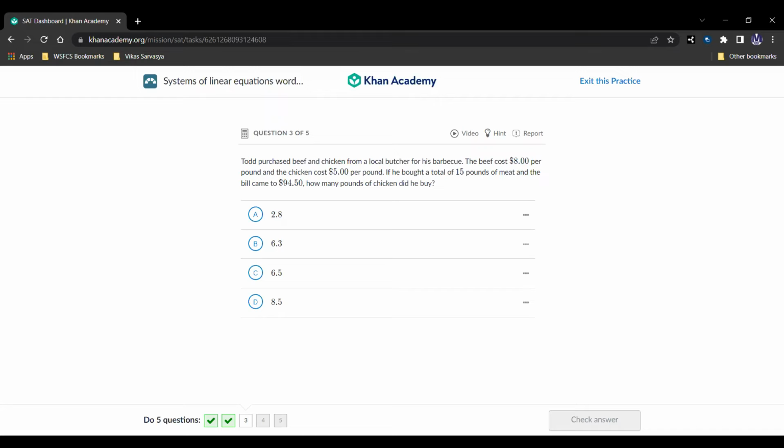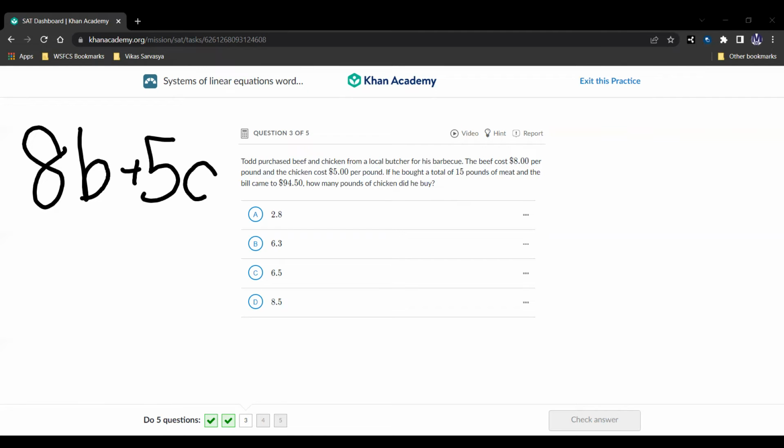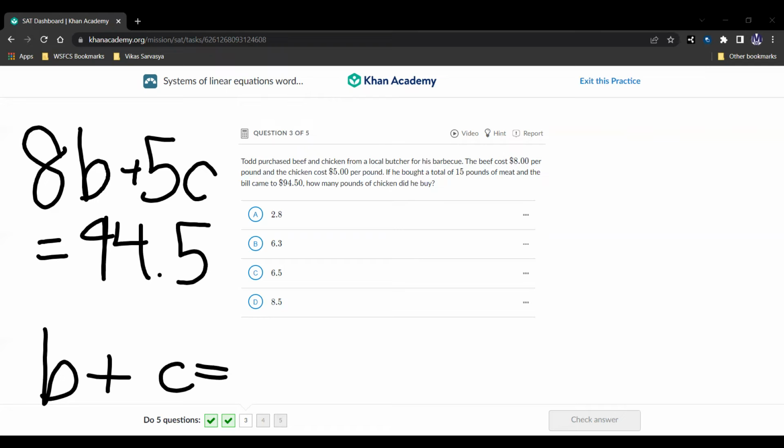Now, what we can do here is set up the linear equations. We can say $8 per pound of beef and $5 per pound of chicken, and that's going to add up to 94.5, while the total pounds is going to be this.